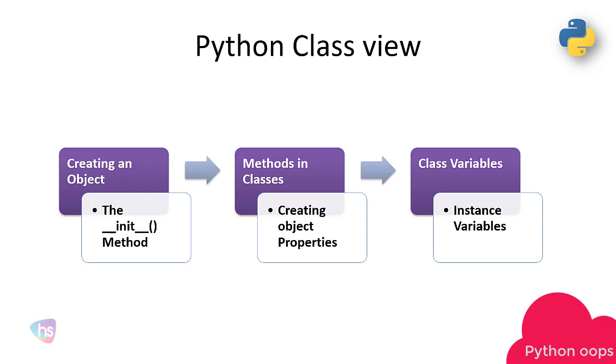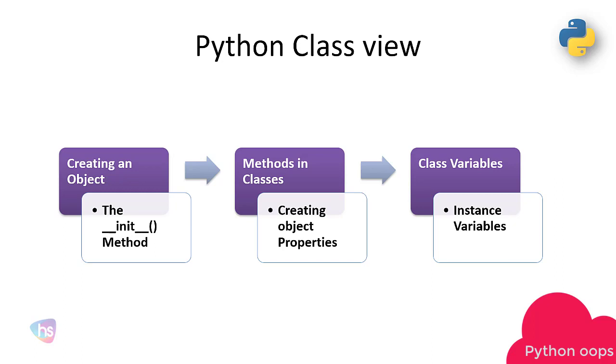Whenever we declare this init method, it is initialized first inside the class. Whenever we access this class, it will be called first. The second one is methods inside the class, creating objects and creating object properties.